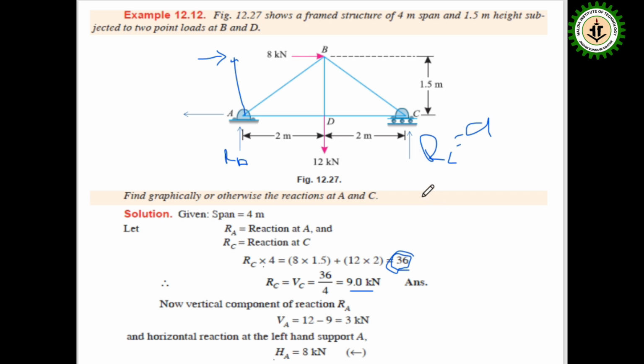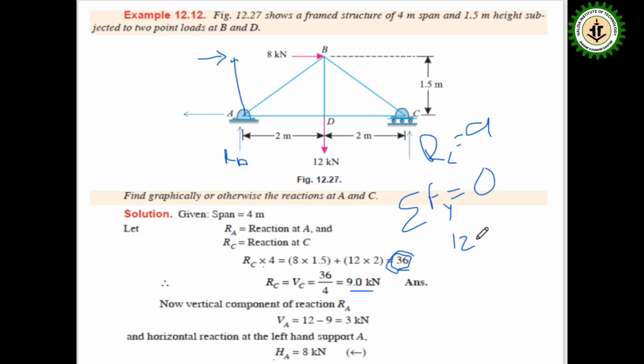Here we can apply one assumption: the summation of all the forces in y direction equals 0. What are the forces in y direction? 12 kilonewton downward, and RC upward 9 kilonewton.